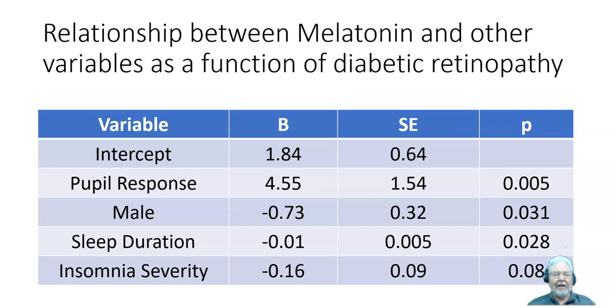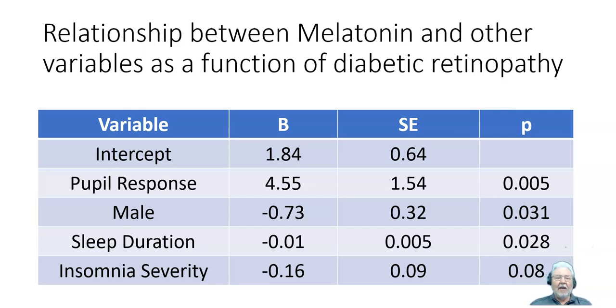So they had patients that were normal, non-diabetics. They had patients that were diabetics with no diabetic retinopathy, and they had patients that were diabetic and had diabetic retinopathy. Notice this is not a randomized controlled trial. This is definitely an observational type study. And so what they found was that the pupil response was disrupted.